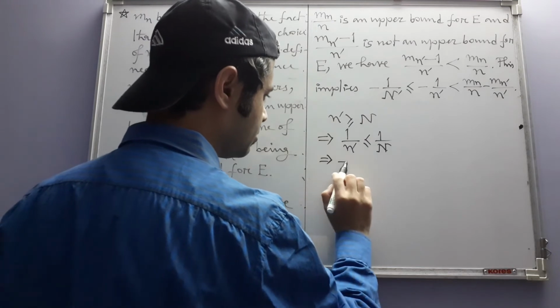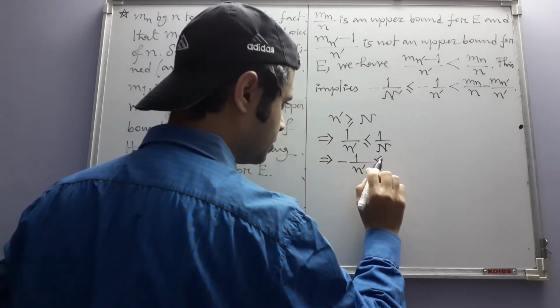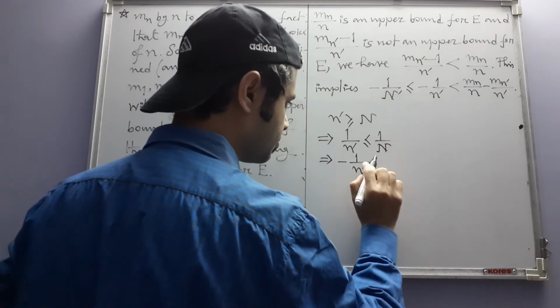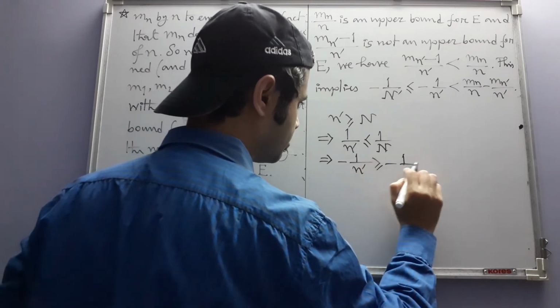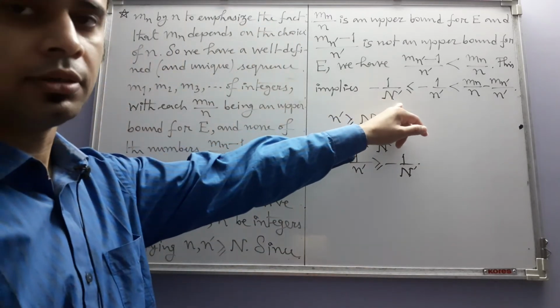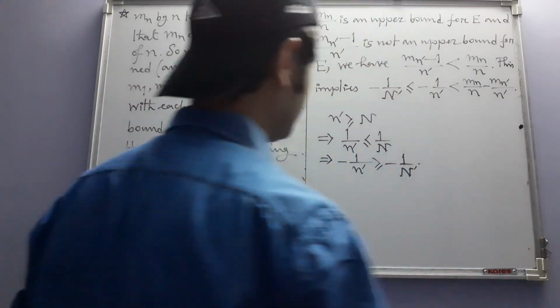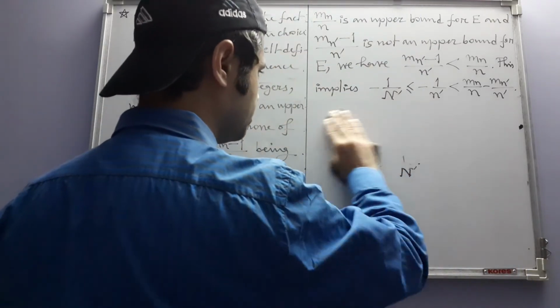Then if you multiply by −1, you will get this. That's what we have written here.